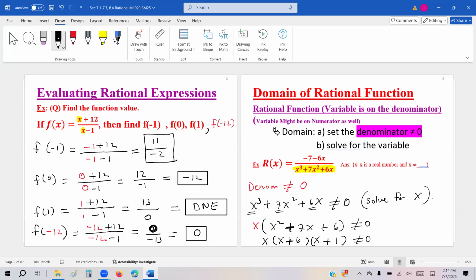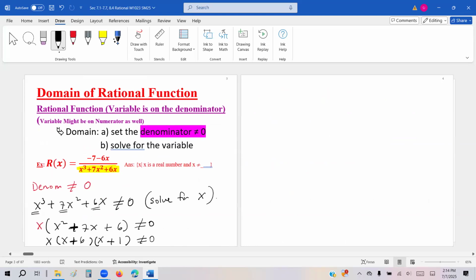So the denominator gives us 3 factors. None of them can be 0. So the first factor cannot be 0. The second factor also cannot be 0. The third factor also cannot be 0. If one of them is 0, their product is 0.